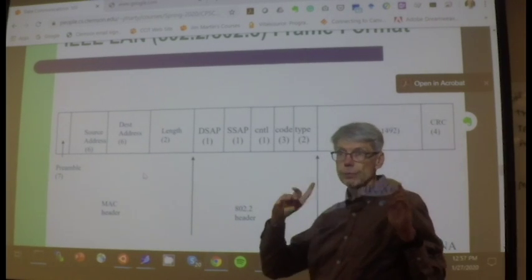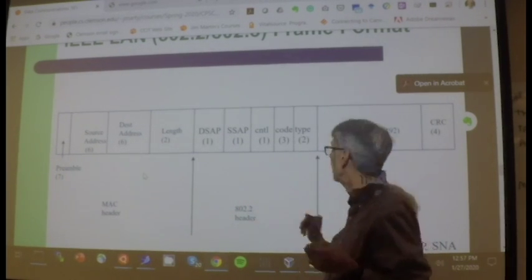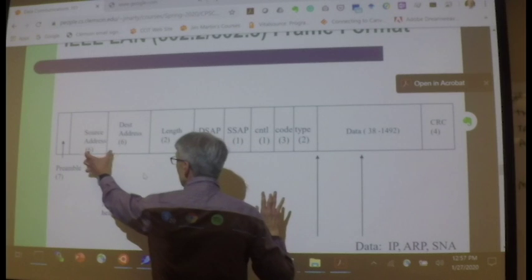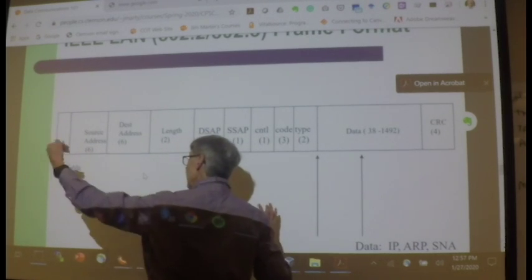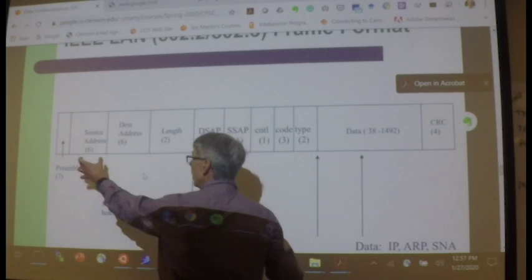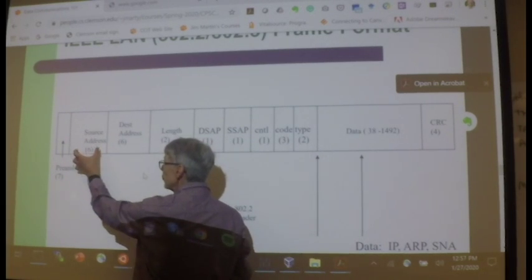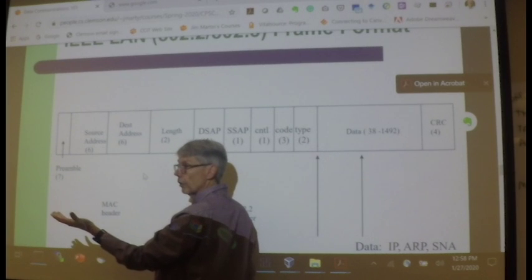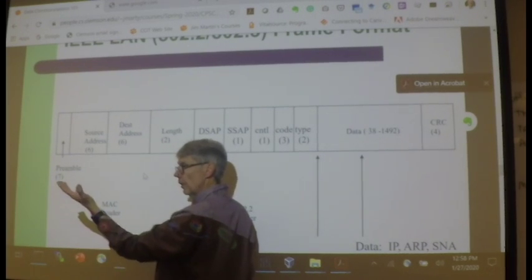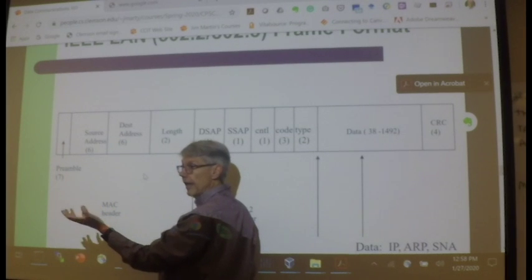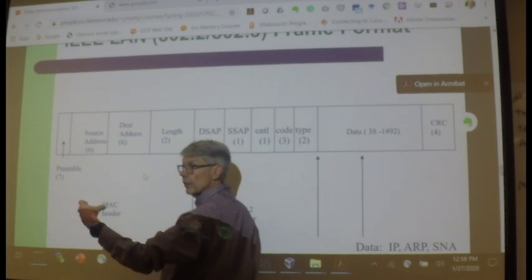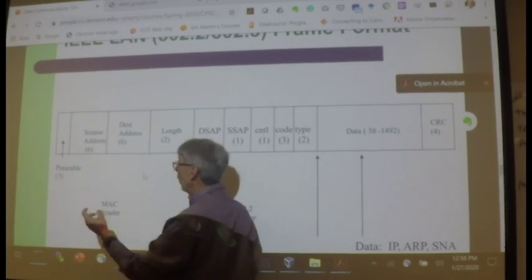The most important parts of the MAC header for us are, when it leaves the sending host, the source MAC address. Every network card, whether it's an Ethernet or a Wi-Fi adapter, will have a MAC address burnt into it, 6 octets long.